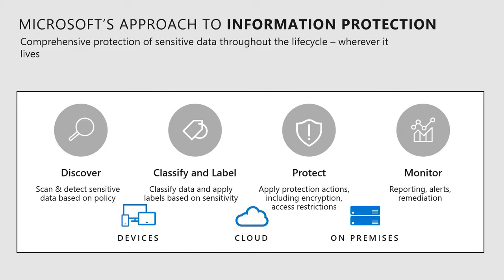In particular, protect it from leakage, misuse, abuse, by applying protection such as encryption, access controls, usage rights, DLP and flow controls, etc. And you want to monitor that information across the whole ecosystem. All that is done through the tools that we provide in the Microsoft Information Protection stack. And in fact, Azure Information Protection as a product provides all these 4 pillars, and it all works across devices, cloud, and on-premises solutions.